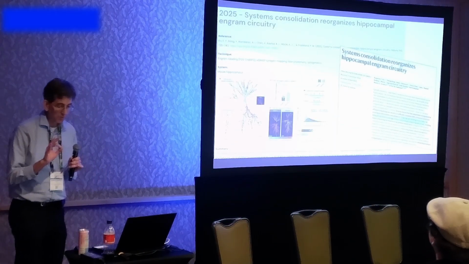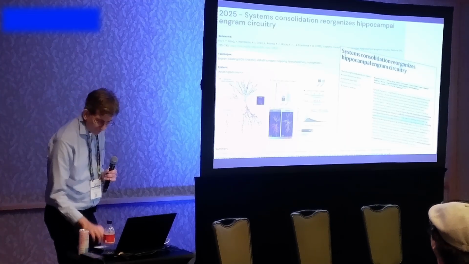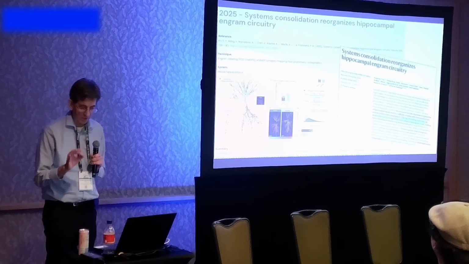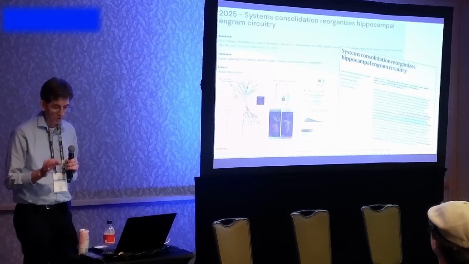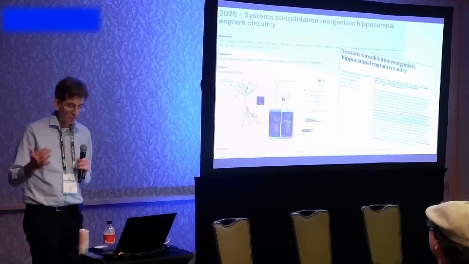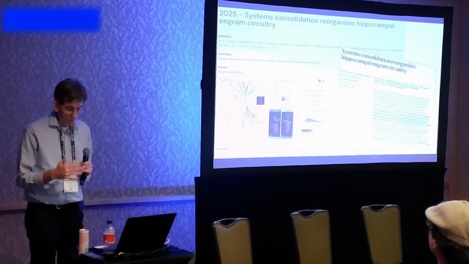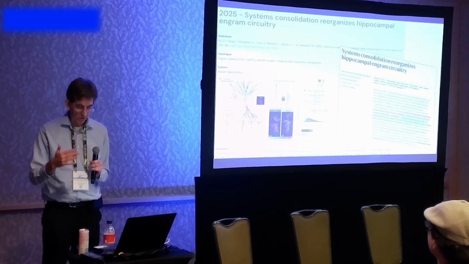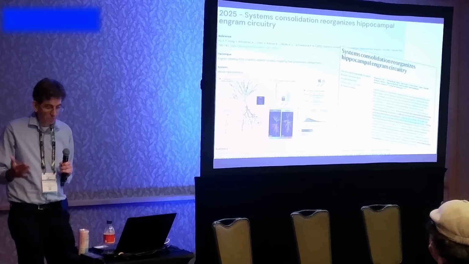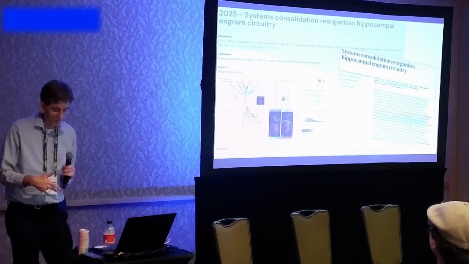Let me give a very brief overview about the ones that won. The paper, Systems Consolidation Reorganizes Hippocampal Engram Circuitry by Co et al. showed that shifts in episodic memory precision from specific to general, which is typically associated with cortical consolidation, may actually be partly explainable by synaptic reorganization in the hippocampus itself.